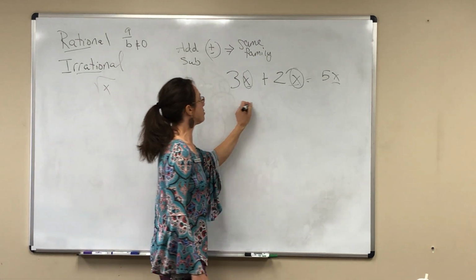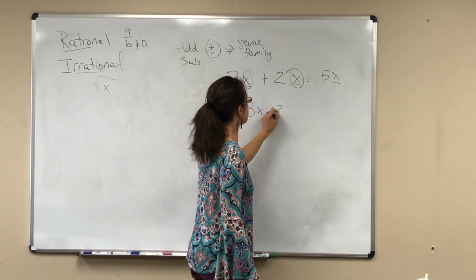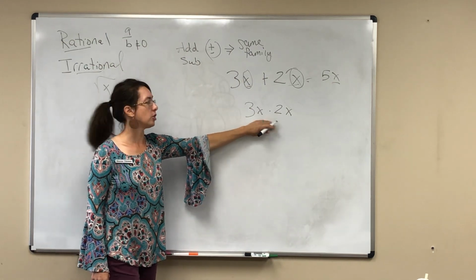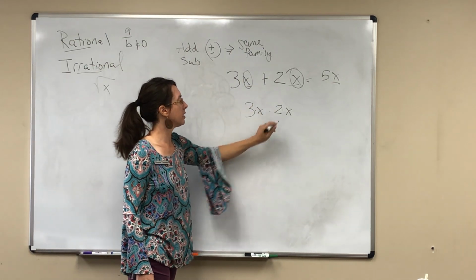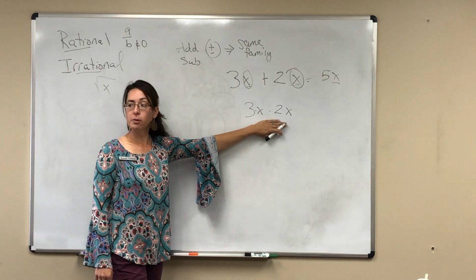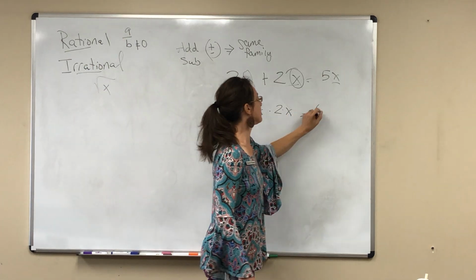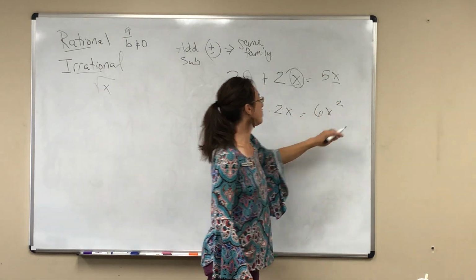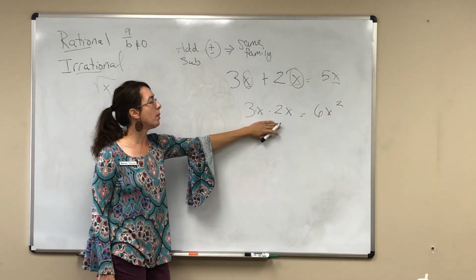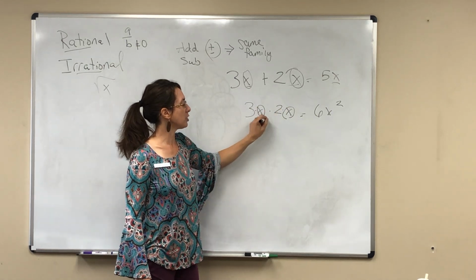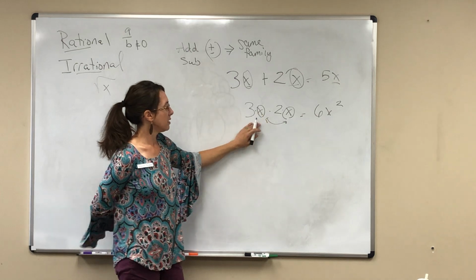When I move to multiplication, each one now stands on its own, correct? Because they're all connected by multiplication. So now I have 6x squared. Now that they are multiplied, our family actually changes, right?